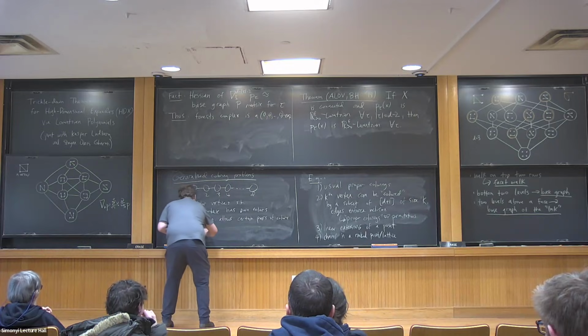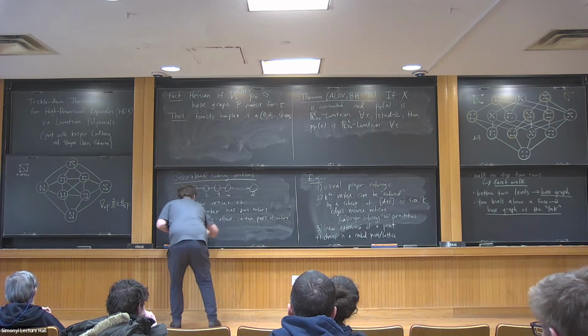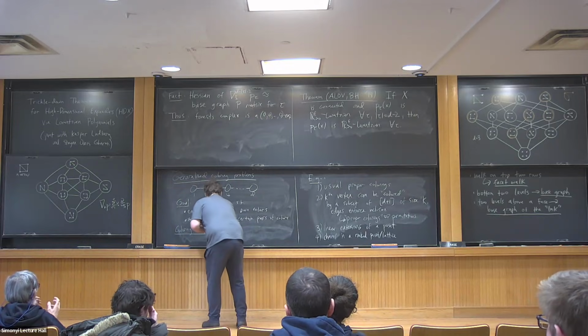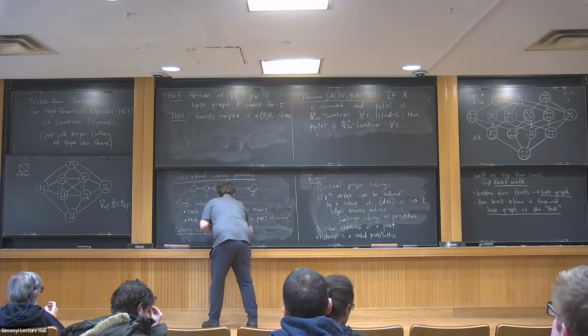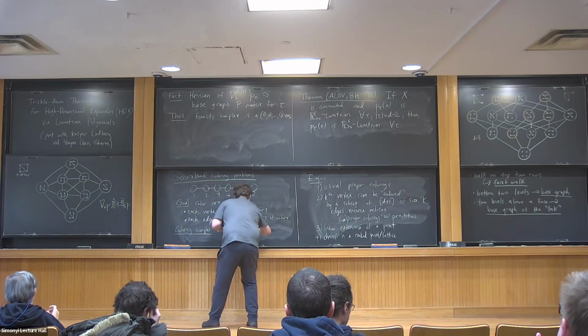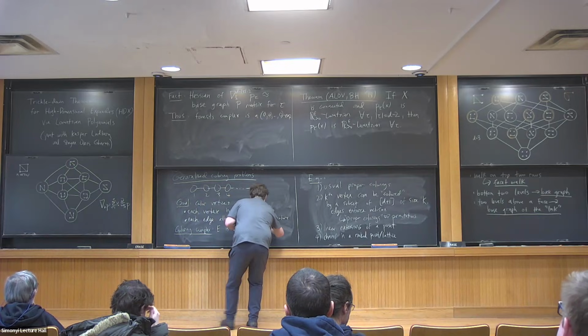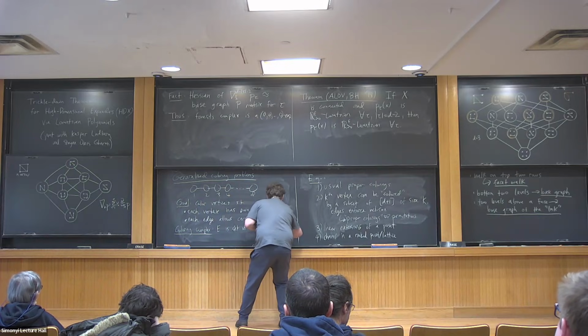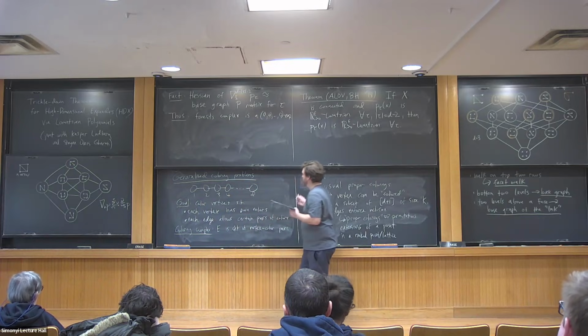Okay, and so we're going to think about a simplicial complex coming from this, called a coloring complex, where the ground set is the set of vertex-color pairs. Okay, so all the single ways to color a single vertex.